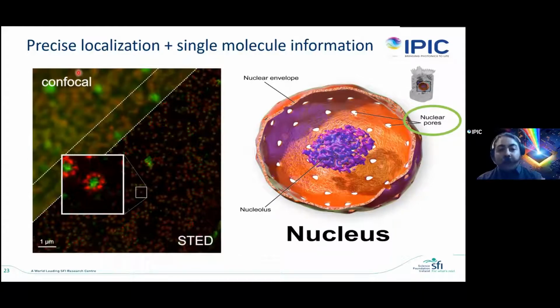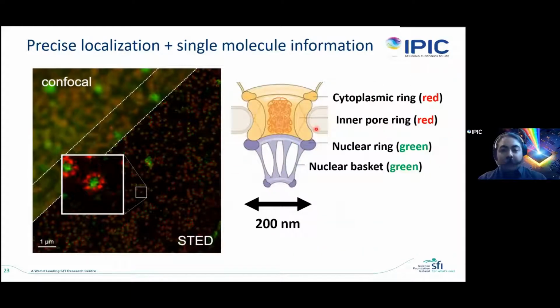Now, if we see this image on the right side, you see that with confocal microscopy, which means a type of microscopy where we get only light from the focus, we cannot actually see anything. But if we use super resolution microscopy, we can actually see the structure of the pores, with the basket and the ring really well defined.